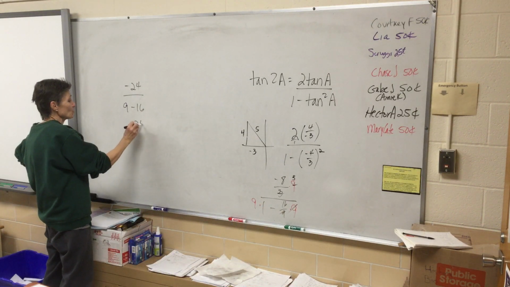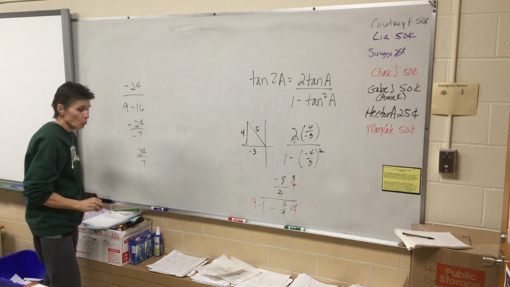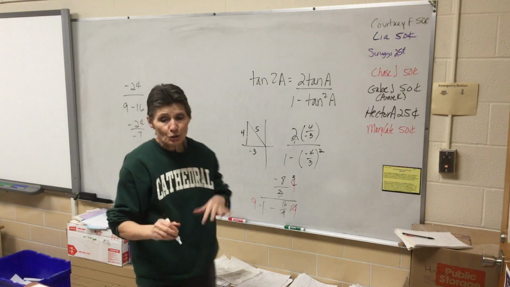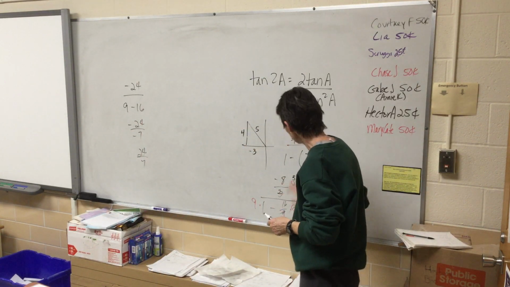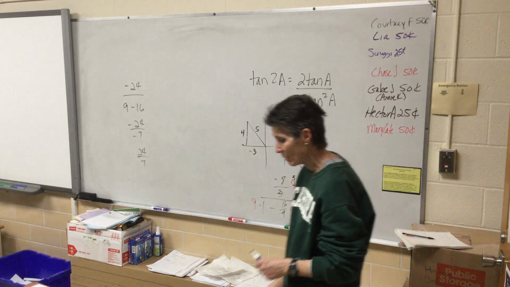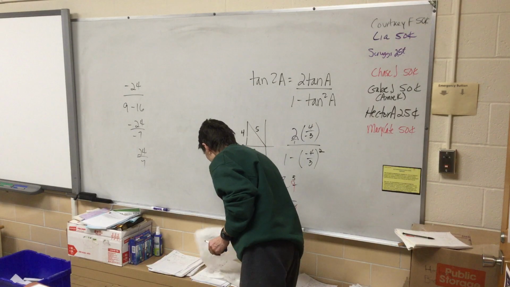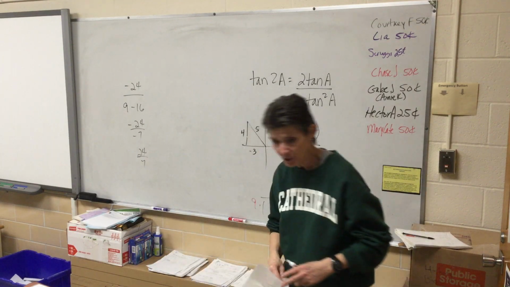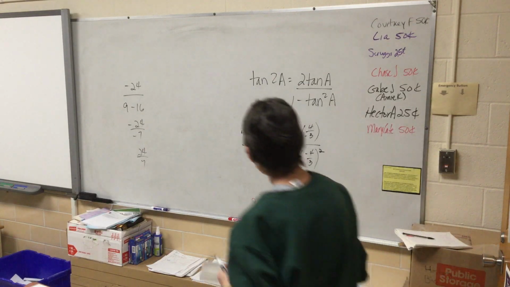So that's negative 24 over negative 7, so my answer is 24/7. You will get the same answer if you simplify it a different way. I think that's the fastest way, but if it doesn't make sense to you, don't do it. Do it however it makes sense to you.